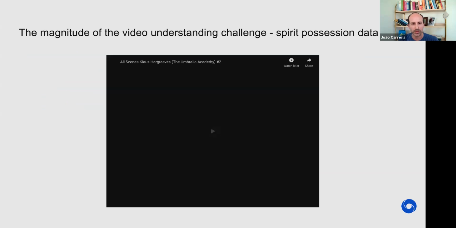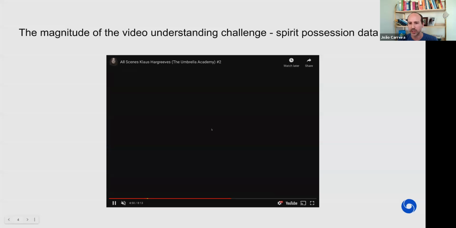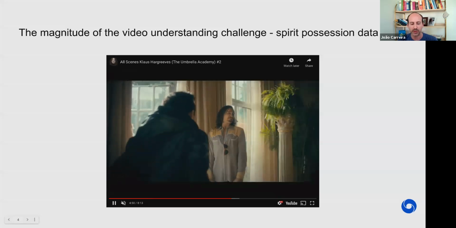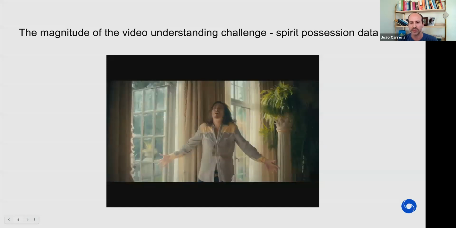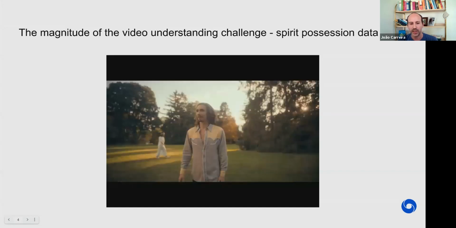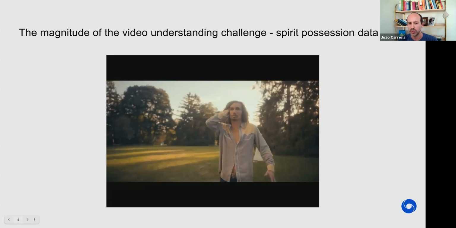So just to see how hard this is, just imagine one scene from this TV show where one of the characters gets possessed by a spirit. So this is the scene. By just looking at it, a human can understand what's going on. He's obviously getting possessed by a spirit, and from now on, his actions are determined not by the original character itself, but by the spirit.